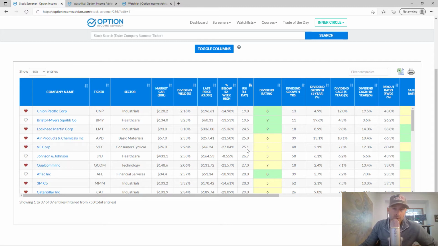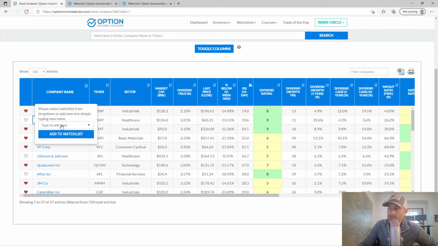So that's one technical indicator that we sometimes use. So maybe that's one that you want to say, okay, well look, we've got a lot of these on the list already, but Bristol Myers, that heart's not filled in, so we don't have it on our list yet, but that's got an RSI of 20, for example, right? So let's add that to our list.